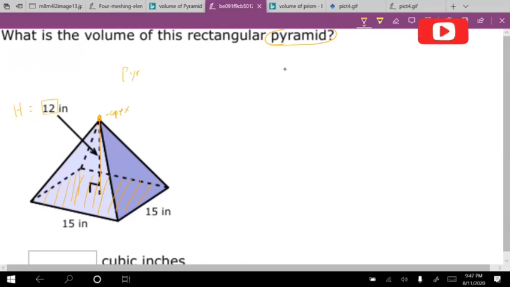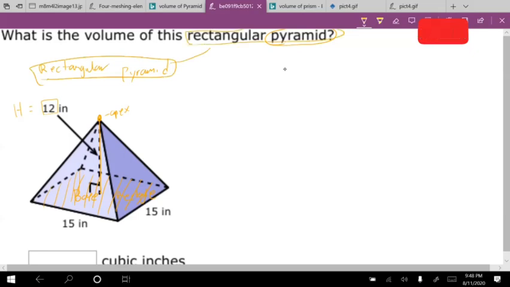Can we try to name this pyramid? Yes. What's the shape of the base? The shape of the base is a rectangle. And this figure will be a rectangular pyramid, just like what we were told.